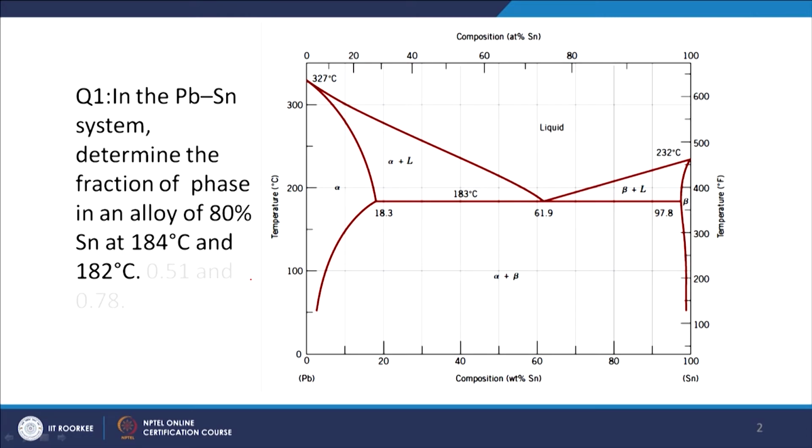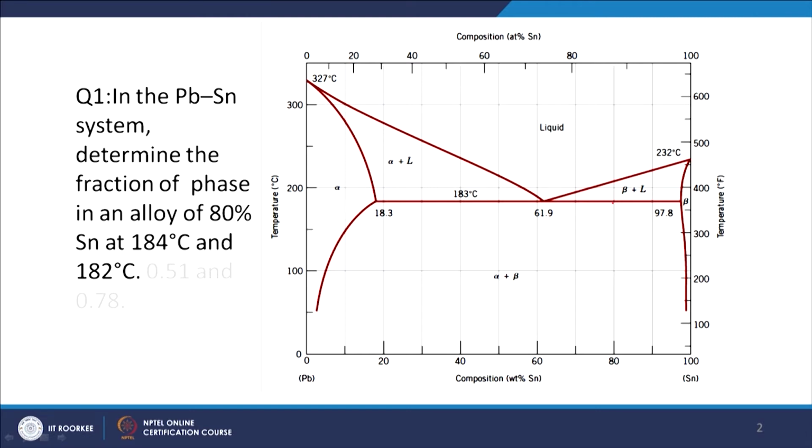This is the Pb-Sn diagram, and as you know, the eutectic temperature is 183 degrees centigrade. So, for this 80% tin composition, you have to find the fraction of phase in the alloy just above this eutectic temperature and just below this temperature.